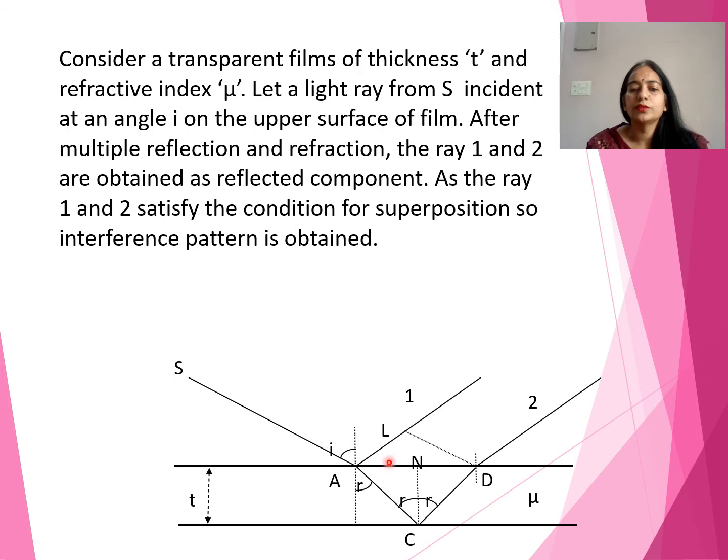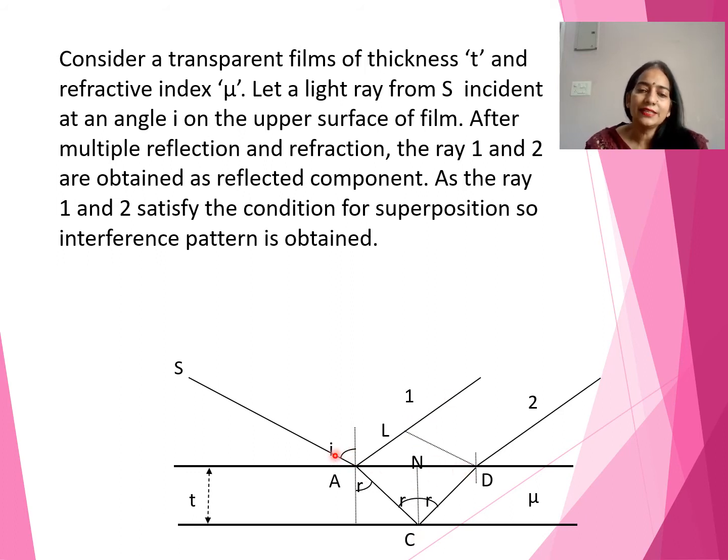So we want to calculate the path difference between these two rays, ray 1 and ray 2. For this we draw a perpendicular CN and a perpendicular DL on ray 1 and on the upper surface.